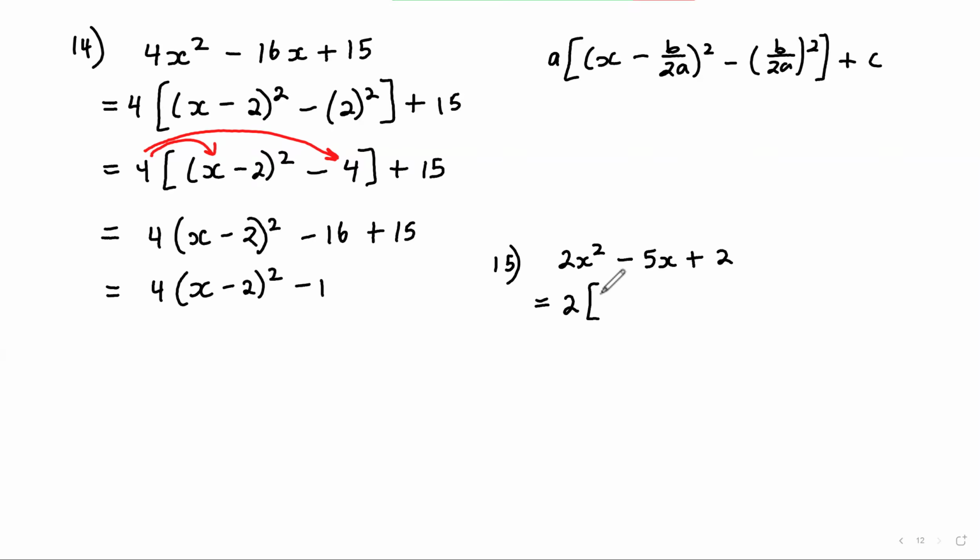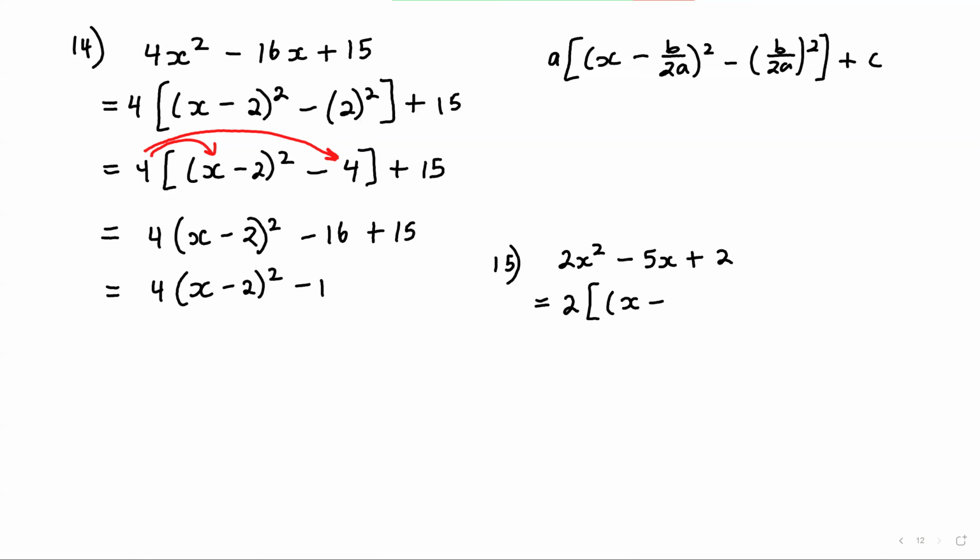Open all the brackets, x minus 2. Well, it's b over 2a. Wait, I'm stuck already. Well, this term here, the term that goes here is b over 2a. What is b? 16.